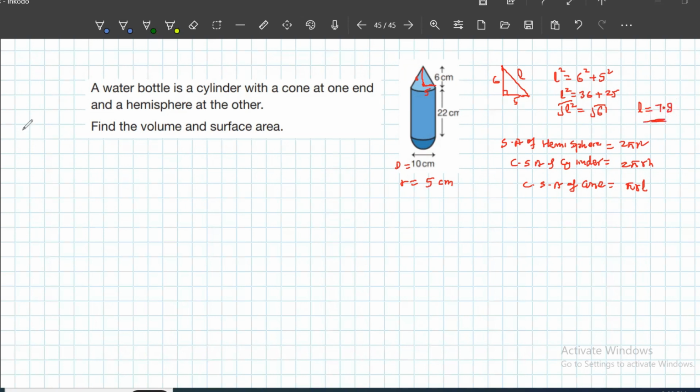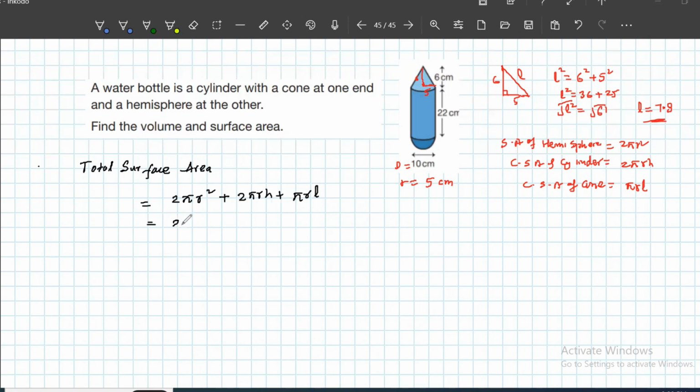Now, the required formula is for the total surface area of this shape. Total surface area is equal to pi r squared plus 2 pi r h plus pi r l.